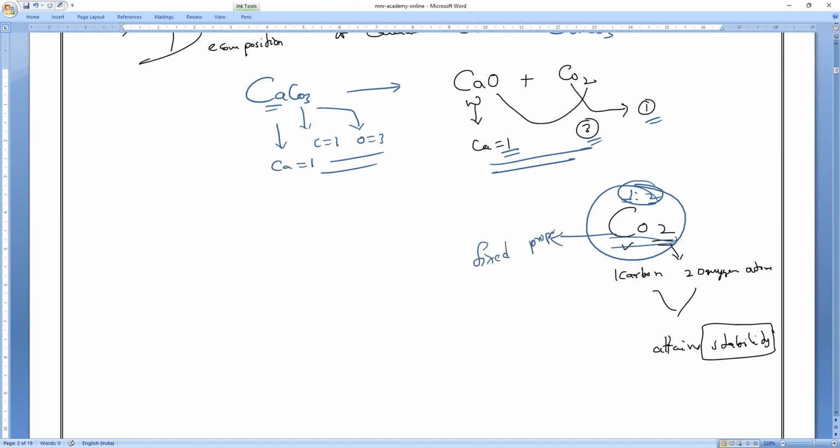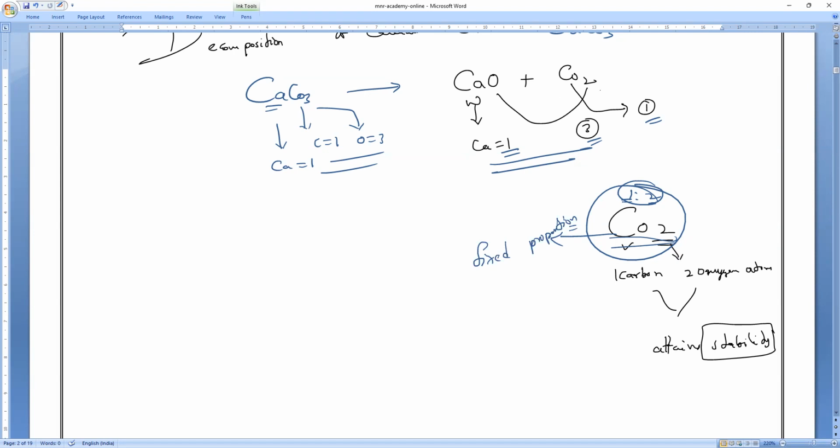So it proves the law of constant composition: the number of atoms in a given compound always remains in fixed proportion. That is the law of constant proportion.